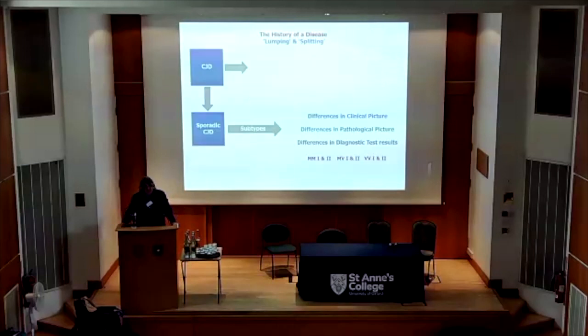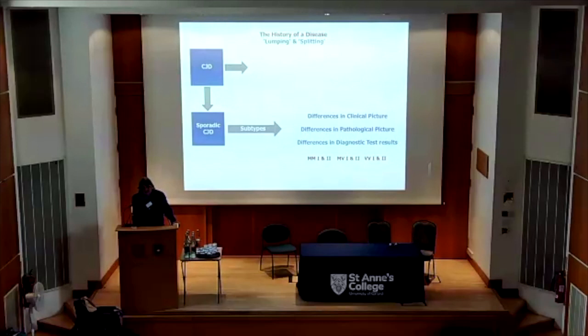I mentioned lumping and splitting earlier on. Well, we've taken CJD, which we sort of formed from various things in the past. We then split it into sporadic, variant, iatrogenic, and so on. And now we split sporadic CJD into subtypes according to differences in the clinical picture, differences in the pathological picture, and differences in diagnostic test results. And by and large, they tend to reflect the 129 genotype and the type of protein.